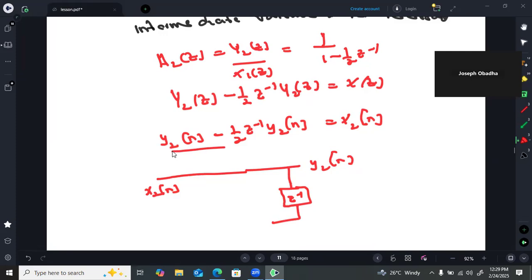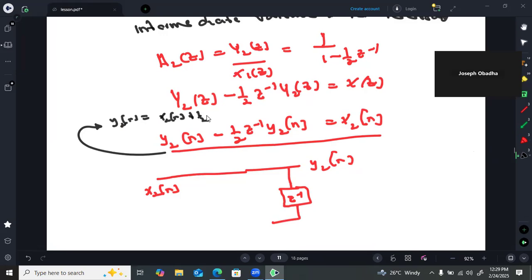In fact, maybe this would be better represented if we write it in this form, that Y2 of n is equal to X2 of n plus 1 over 2 Y2 of n minus 1.